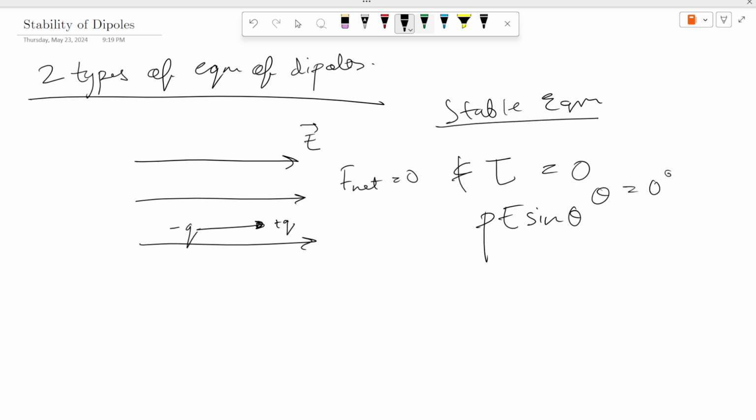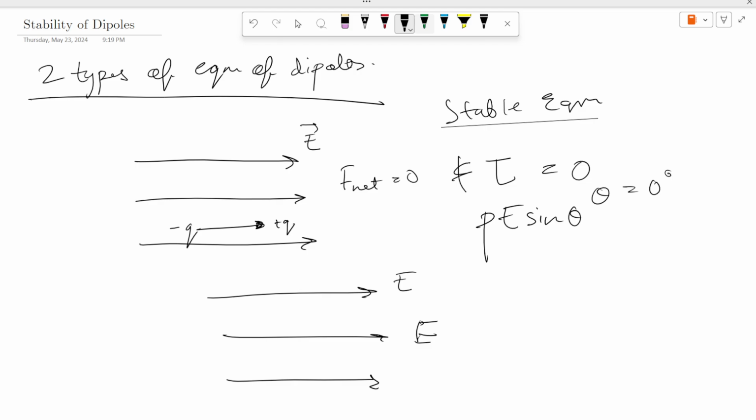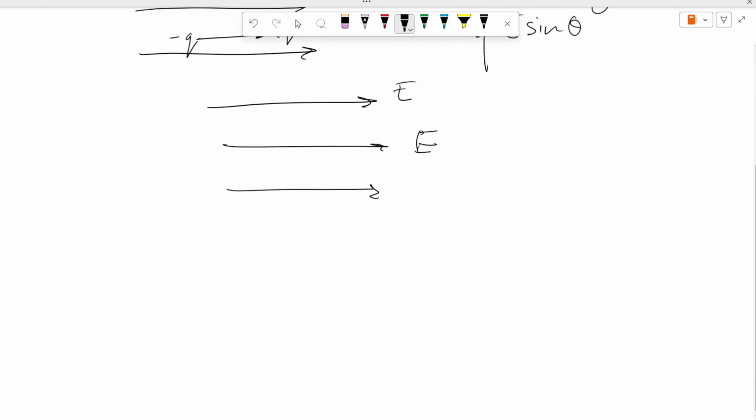Later we are going to observe what stable and unstable equilibrium actually relate to. Now the second case is where the electric field is still the same, right? But the dipole, which is signified by the direction from negative q charge to positive q charge, is anti-parallel to the electric field vector, right?